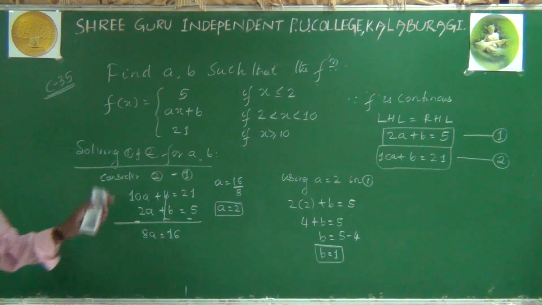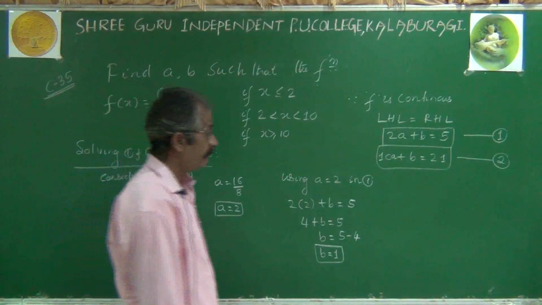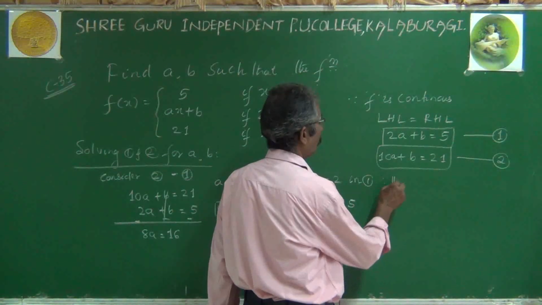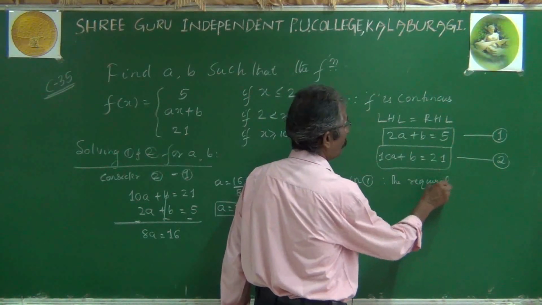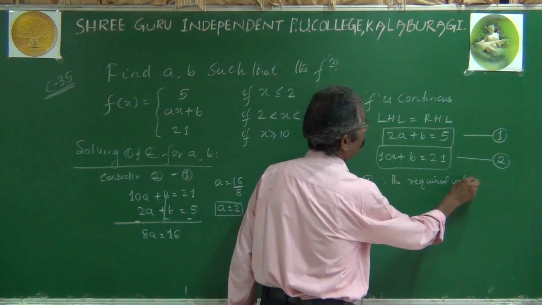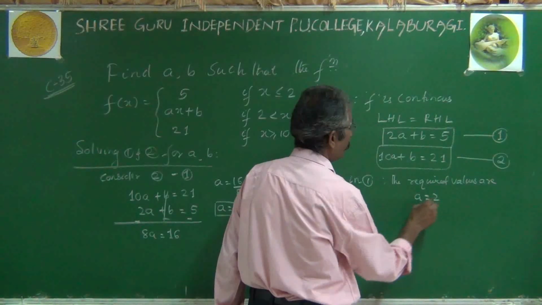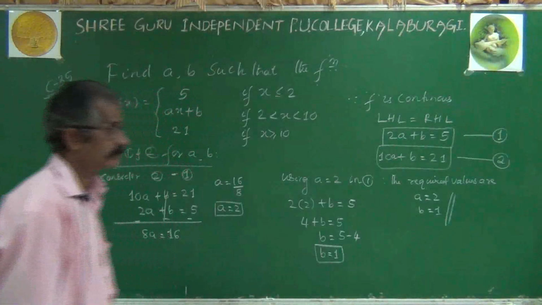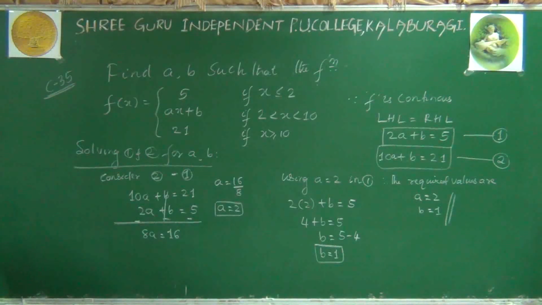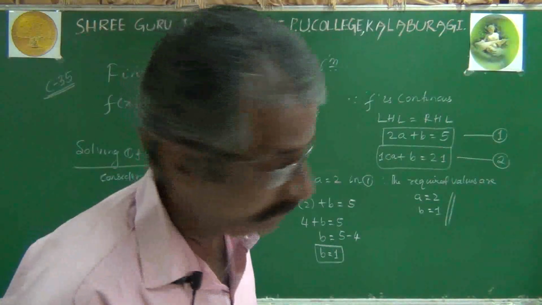Lastly, the required values are a equal to 2, b equal to 1. Next problem.